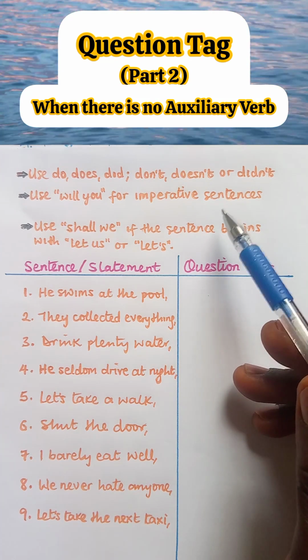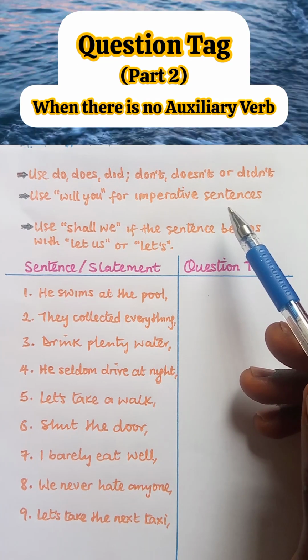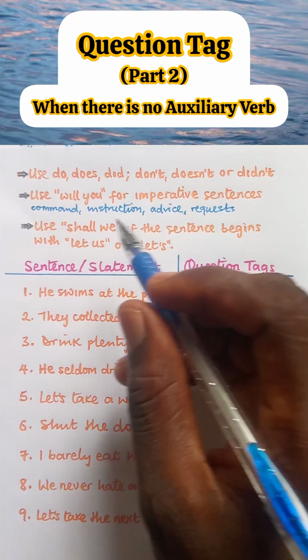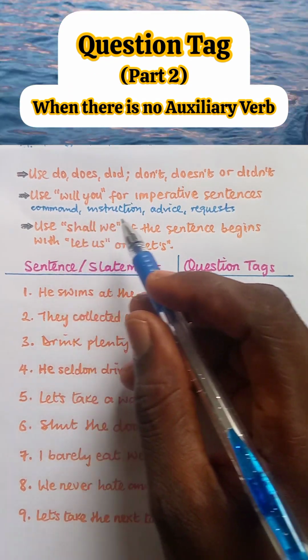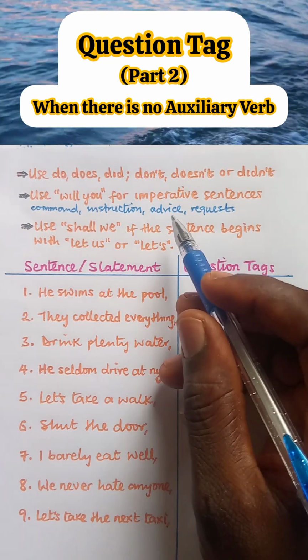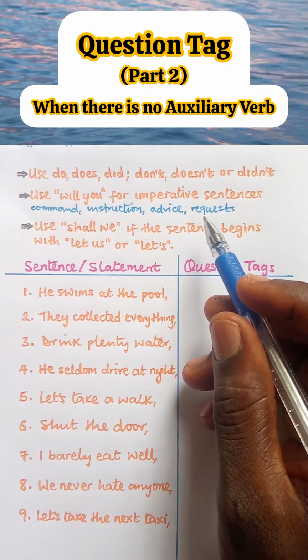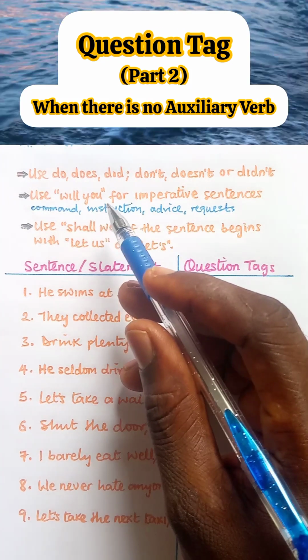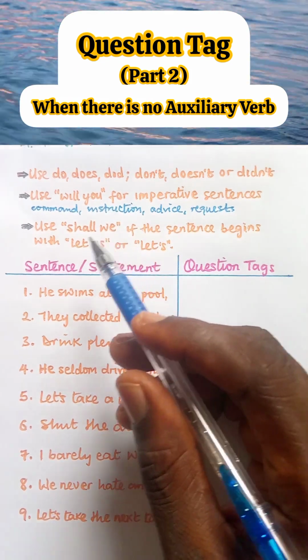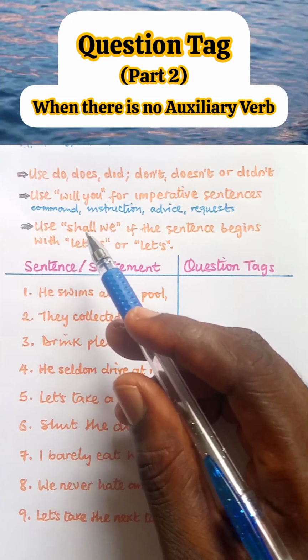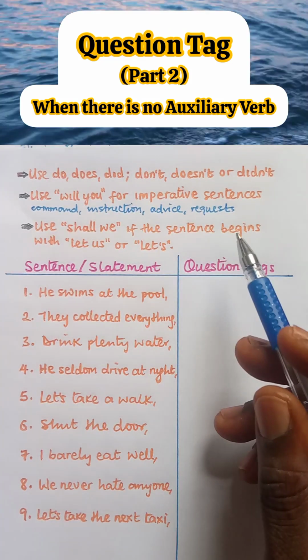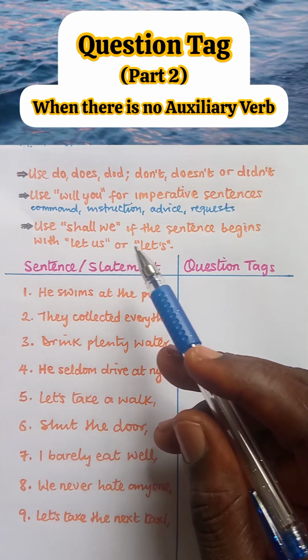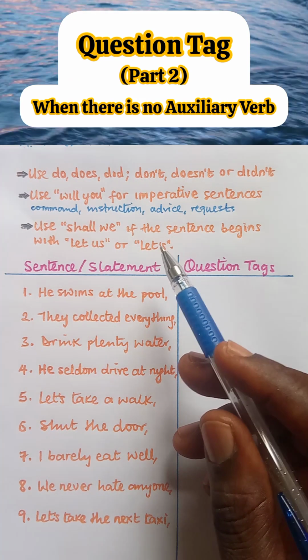Imperative sentences are sentences or statements that give command, give instruction, give advice, or make request. Use will you for their question tag. Then use shall we if the sentence begins with let us or let's.